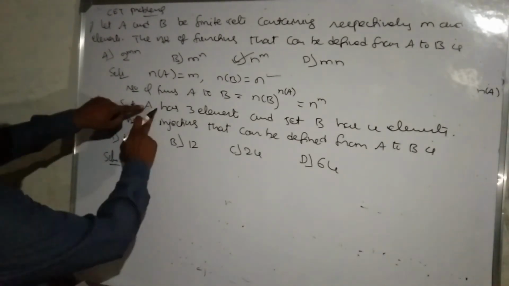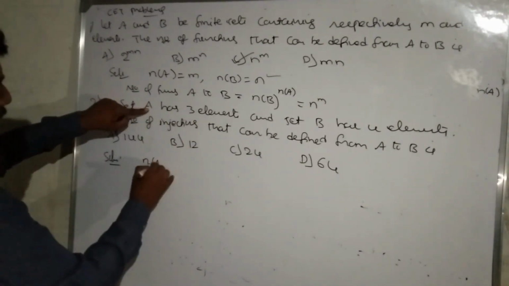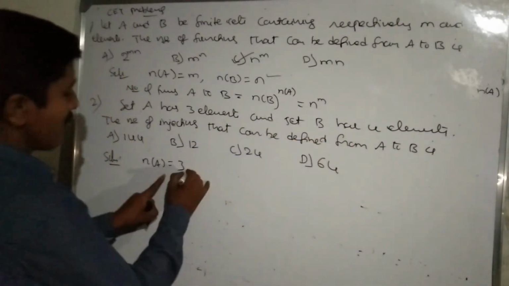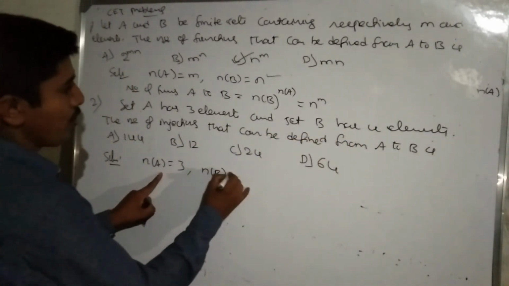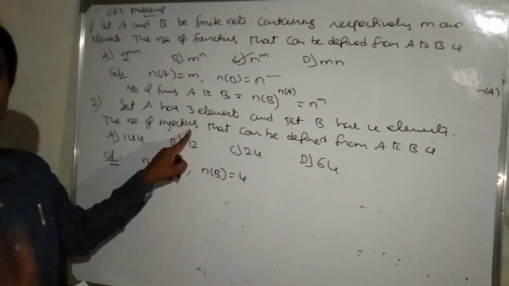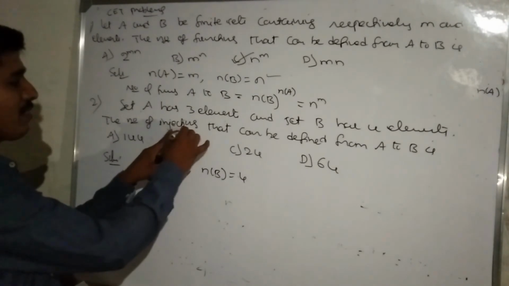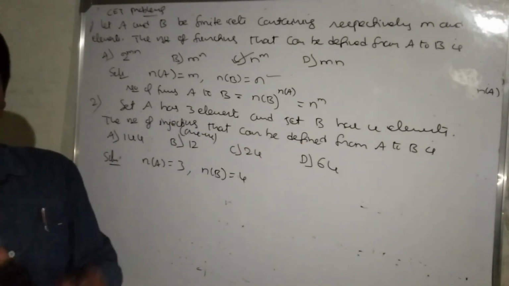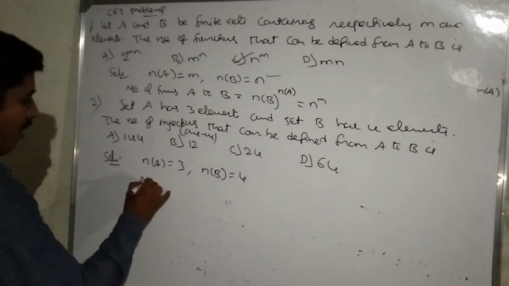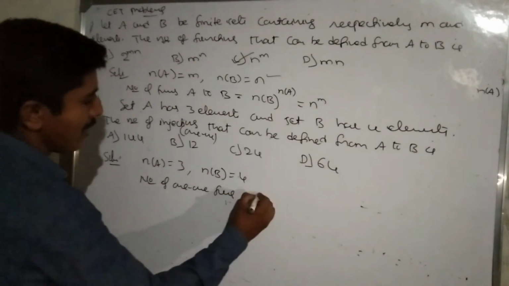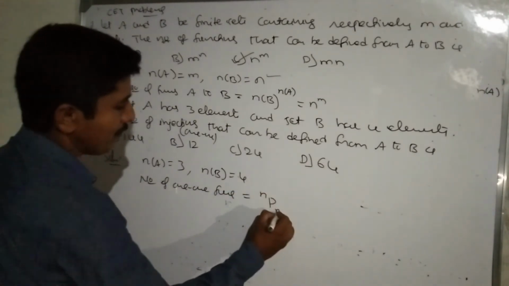See, set A has 3 elements, means the number of elements in set A equal to 3. And set B has 4 elements, means the number of elements in set B equal to 4. The number of injections means one-one functions that can be defined from set A to set B. We know that formula: number of one-one functions is nPm.